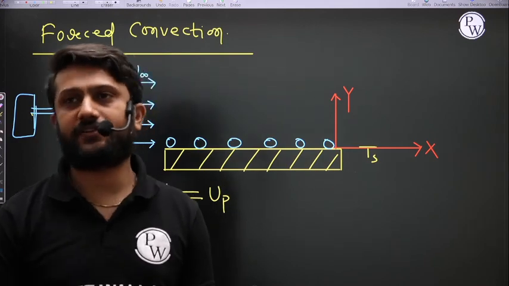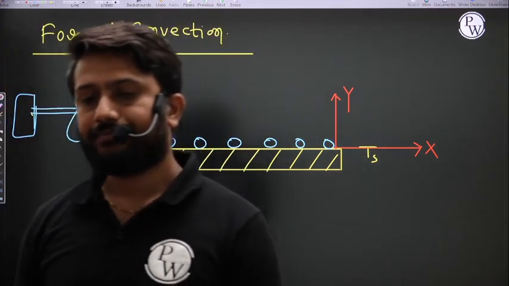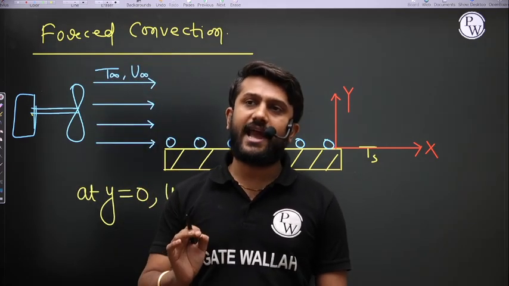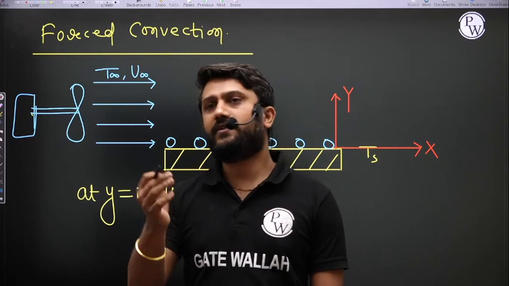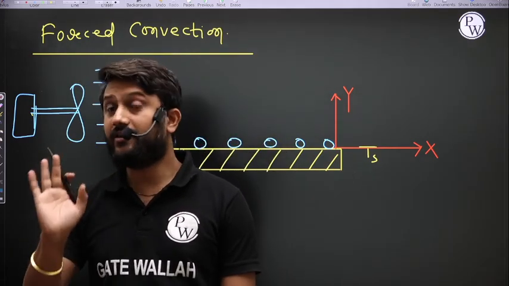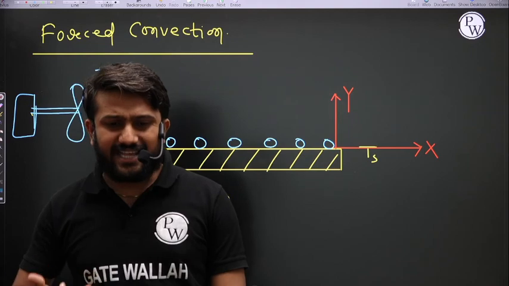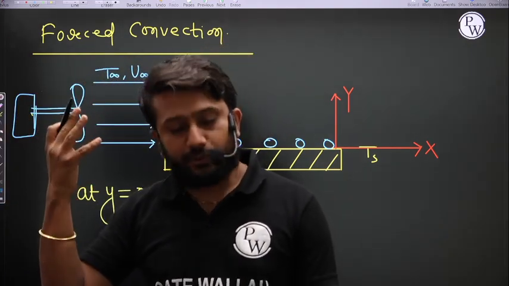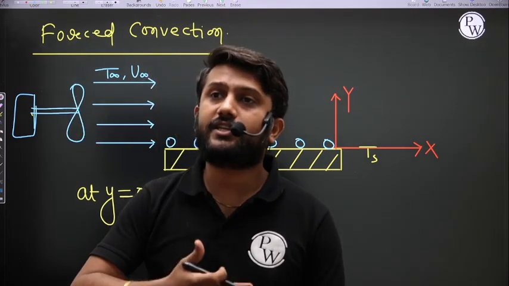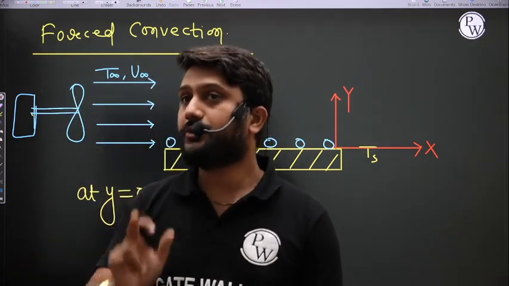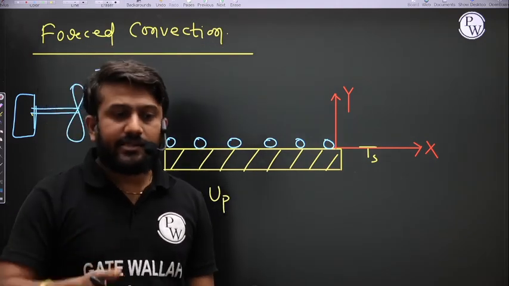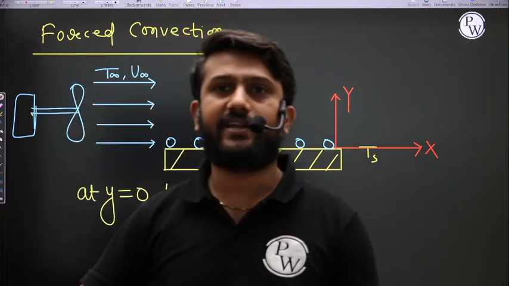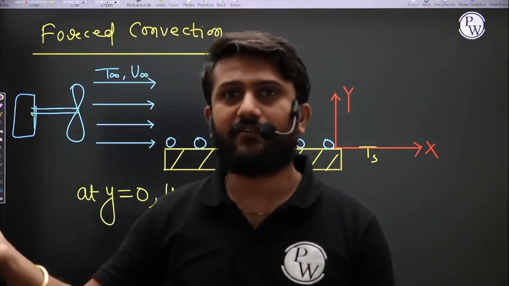This is a practical observation. What is the meaning of that? Whatever velocity the plate has, the fluid also has the same velocity at y is equal to 0. If the plate is moving with a velocity of 5 meter per second, the fluid is also moving at 5 meter per second at y is equal to 0. That means there is no relative velocity between the plate and the fluid particle at y is equal to 0.